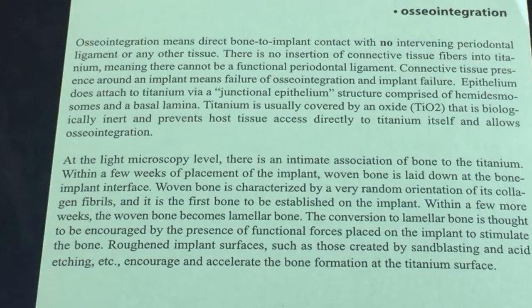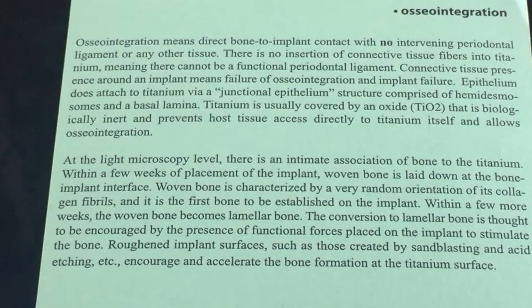Within a few weeks of placement of the implant, woven bone is laid down at the bone-implant interface. Woven bone is characterized by a very random orientation of its collagen fibers, and it is the first bone to be established on the implant. Within a few more weeks, the woven bone becomes lamellar bone.